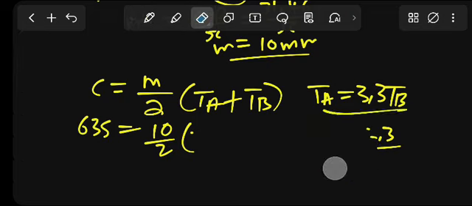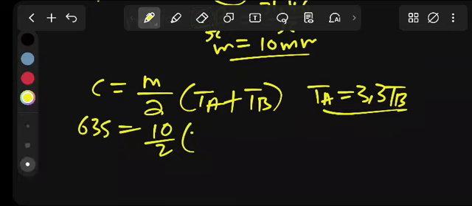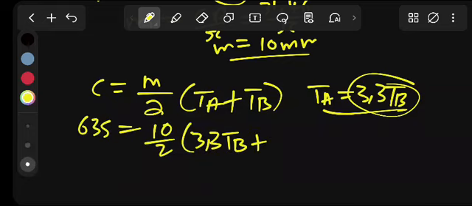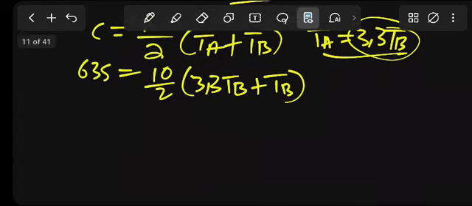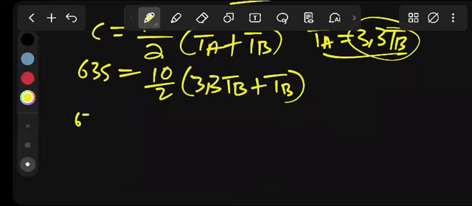Substitute there: where we see TA, we replace it with that. We'll have 3.3 TP plus TP, and 635 is equal to this.